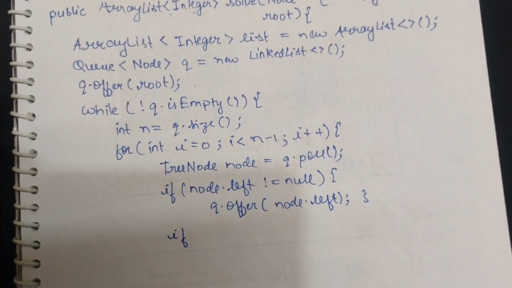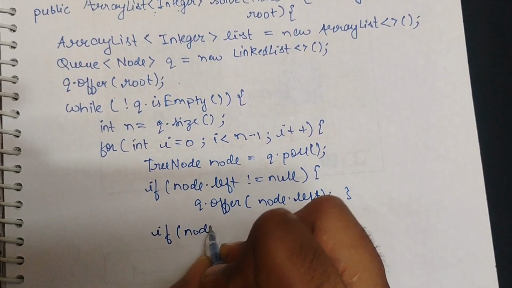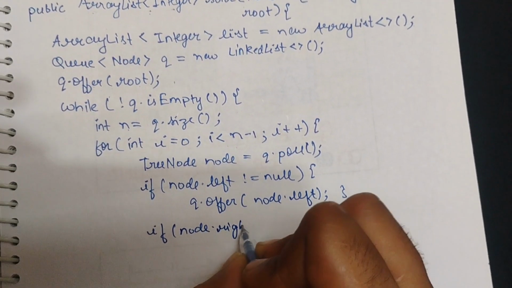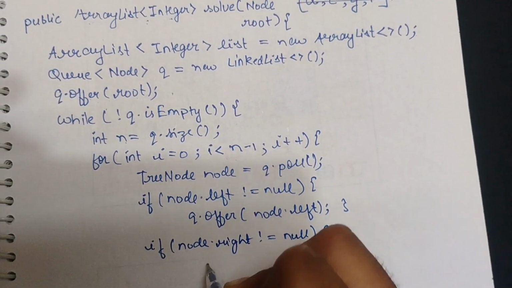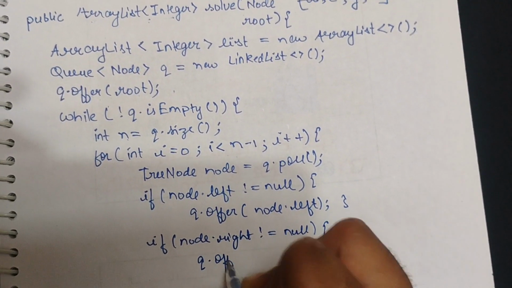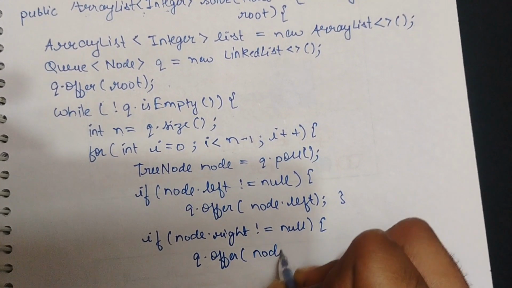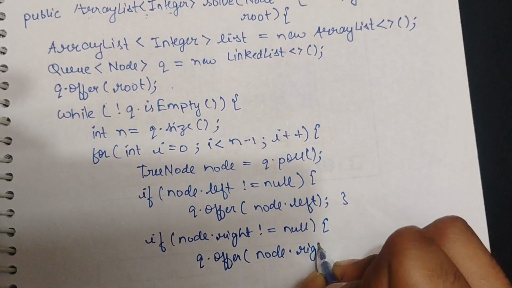Similarly for the right child, if node dot right is not equals to null, then do queue dot offer, that means add the right child in the queue.